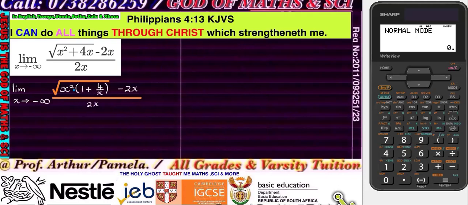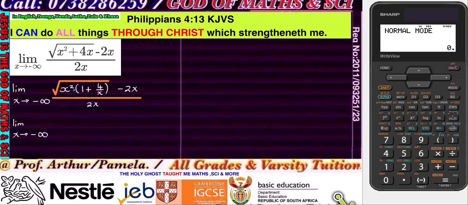When you've got a product in a radical, you can take out one factor on the outside. You can split them. You know that, am I right? Yeah. Okay. Limit as x approaches negative infinity.